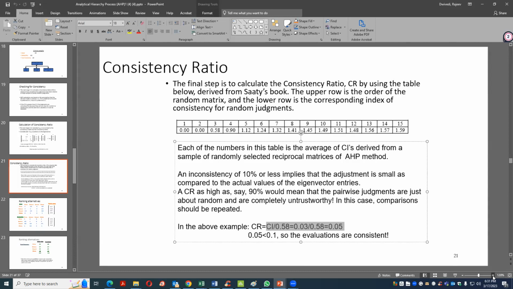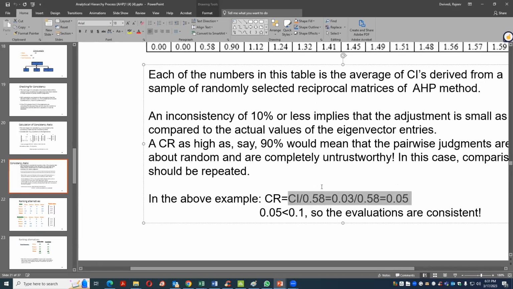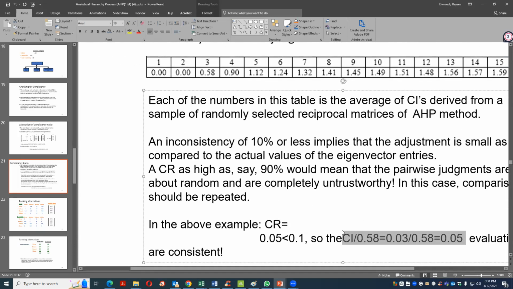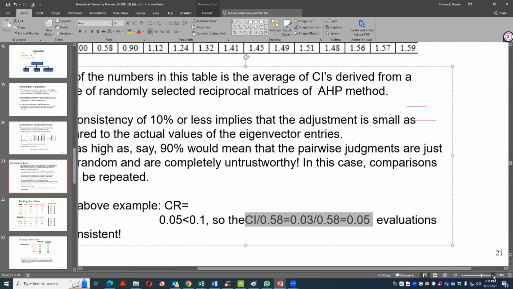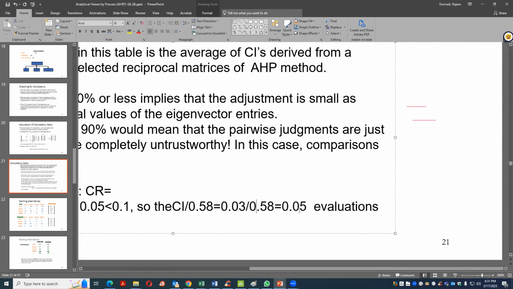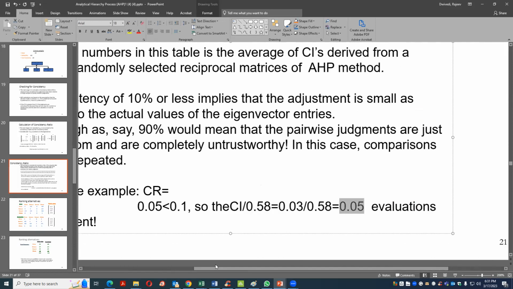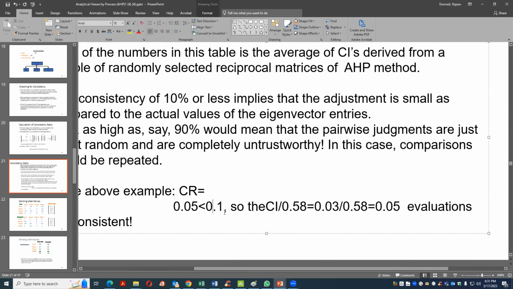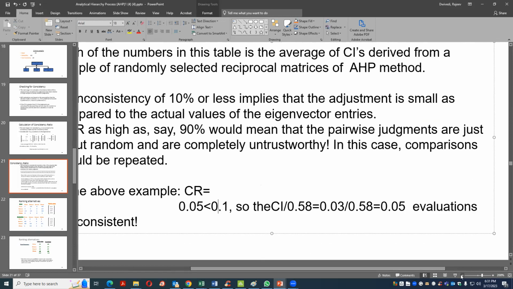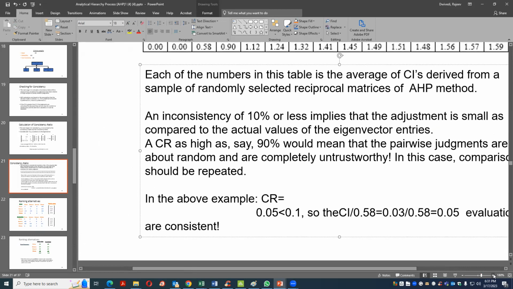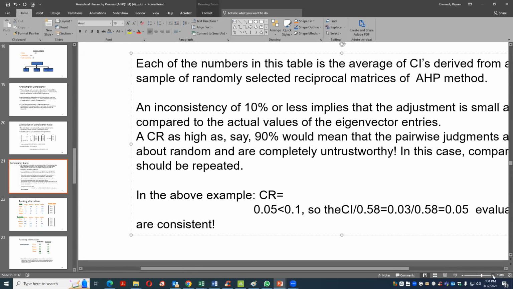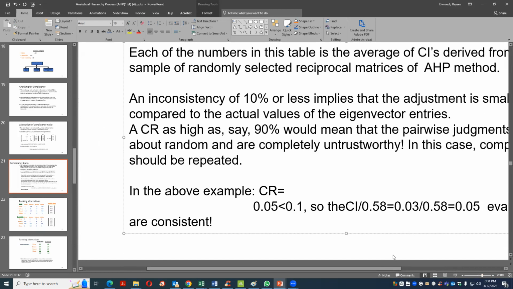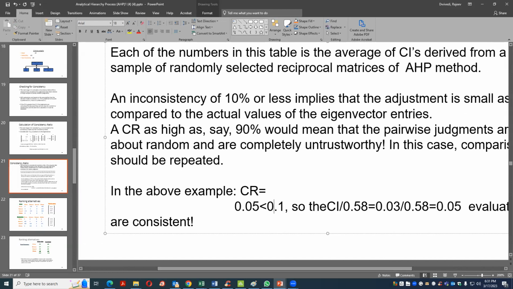If the value is less than 0.1, which is 10%, then we can say our work, our consistency ratio and this pairwise matrix is perfectly all right. If this is making sense, I'm going to go further.